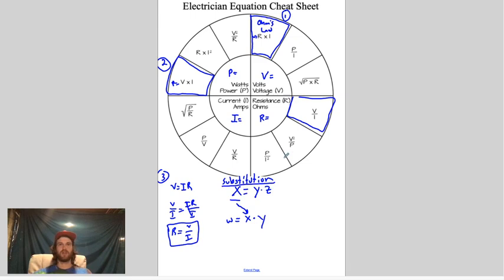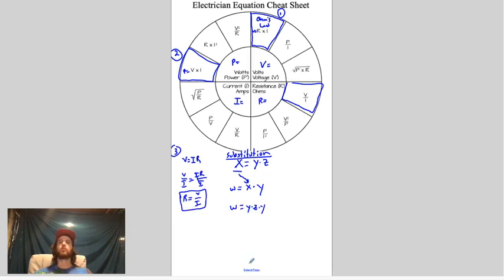If you don't end up at one of these equations, start over from the two base equations. So you substitute y times z for x, and you get w equals y times z times y. And y times y is y squared, so w equals y squared times z. That's a very basic substitution.